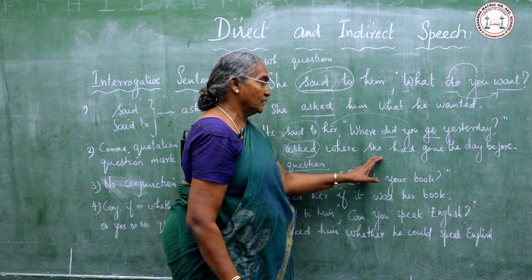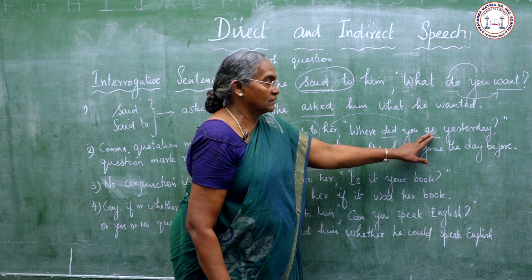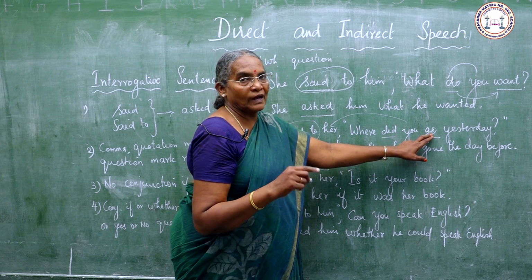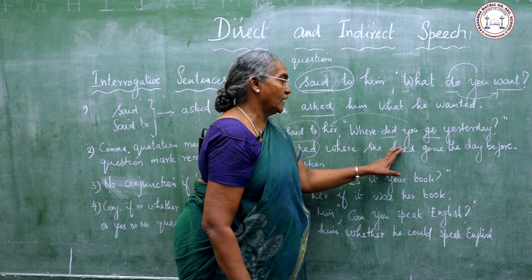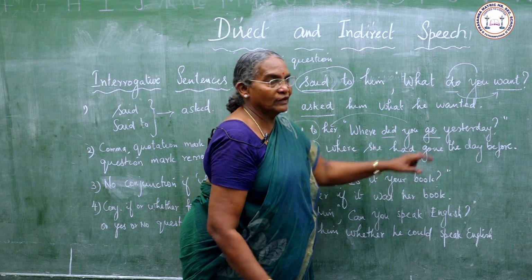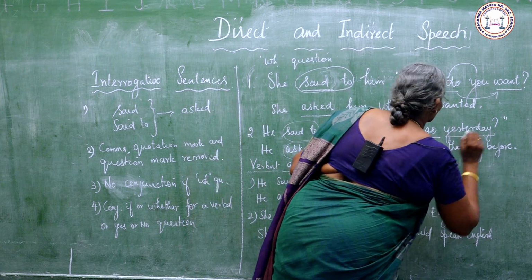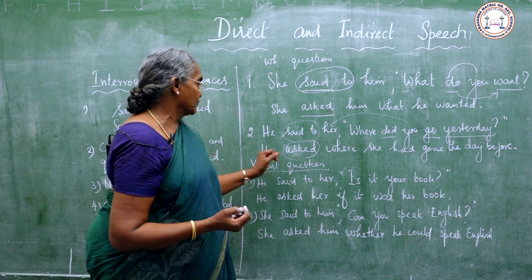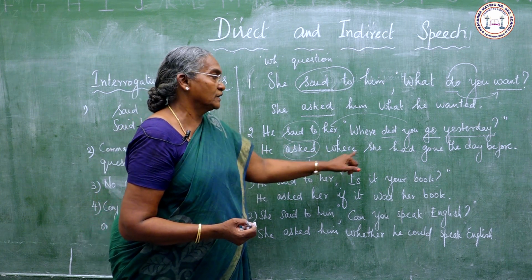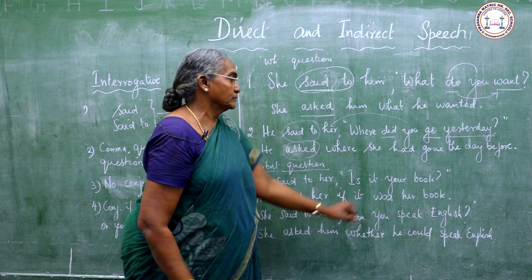So where she did go, it is past tense. Past tense will become past perfect. So had gone. Where she had gone. Yesterday will be changed into the day before or the previous day. He asked where she had gone the day before.